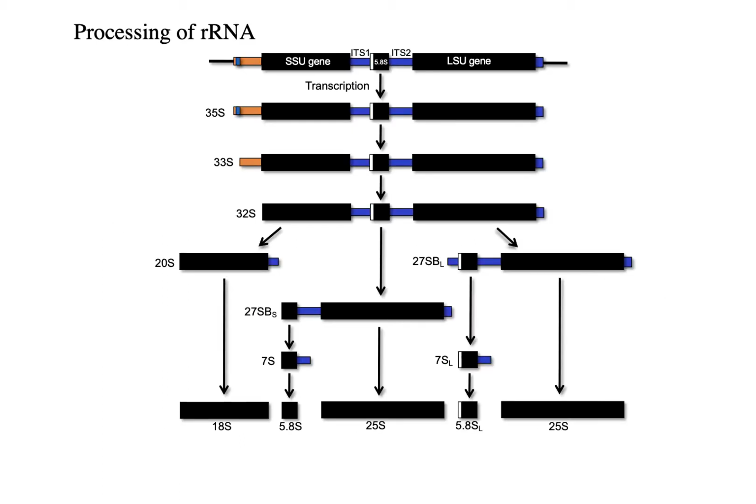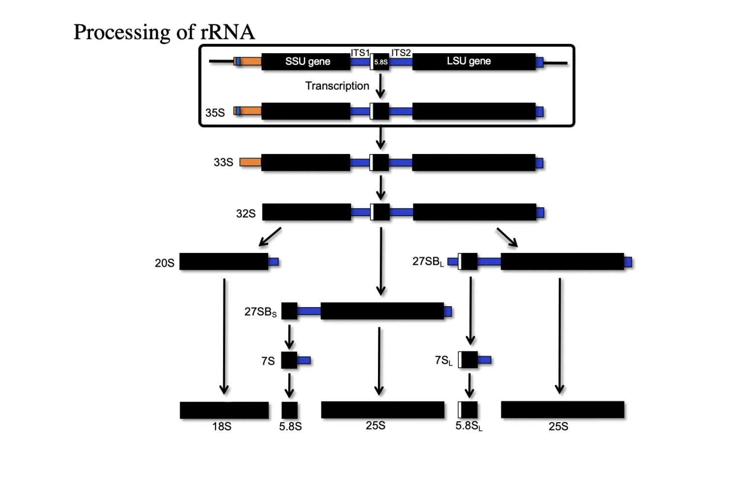Here's the processing of the ribosomal RNA in a eukaryote, and you can see that it's processed in a very sequential manner. So here's the gene up here, and then the transcript, which is in this case a 35S transcript. I think this was from work with yeast.